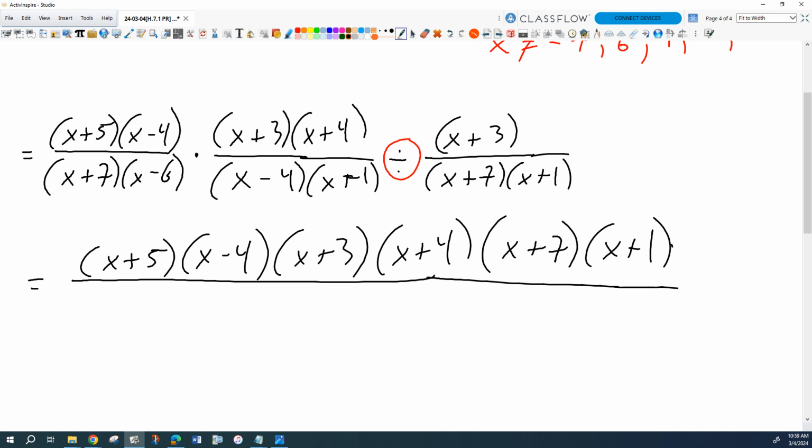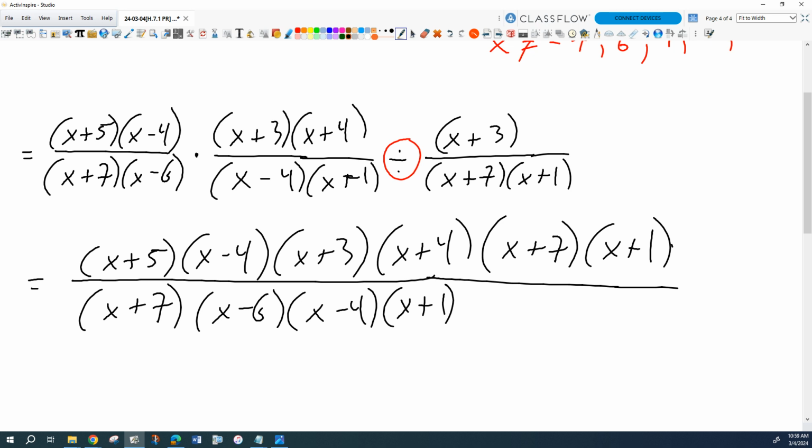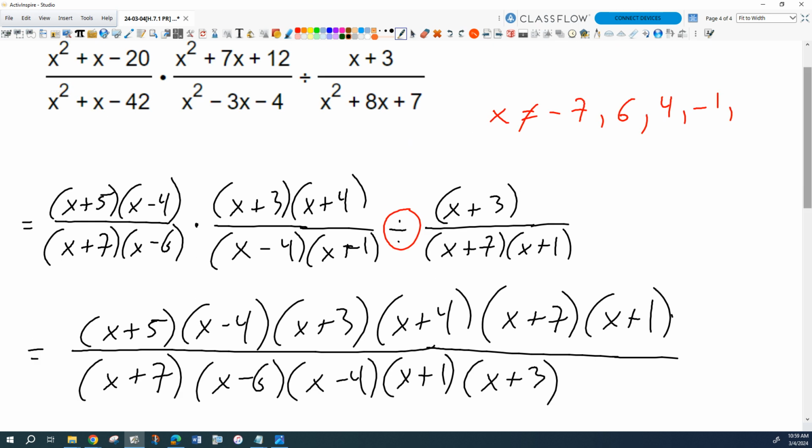In our last fraction, on the bottom, got X plus 7 times X minus 6 times X minus 4 times X plus 1. And now that X plus 3 that was in the numerator ends up in the denominator, right? Okay, any new exclusions? -3. Yeah, okay, we get one more, don't we? We get this -3.